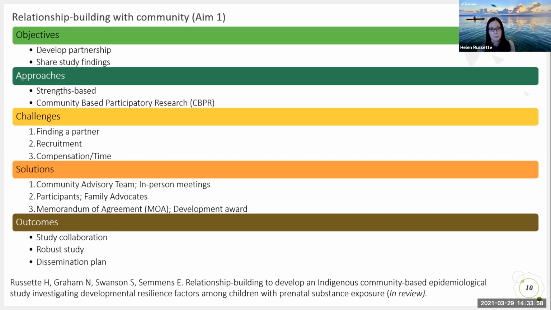The first challenge being finding a community partner, and a solution was with Ms. Nikki Graham with the Community Engagement and Outreach Corps to provide those early introductions to communities doing similar work as our study proposal. And then we started to identify and recruit community advisory team members, which then led into several in-person meetings with the communities, which ultimately led to us partnering with early childhood services.